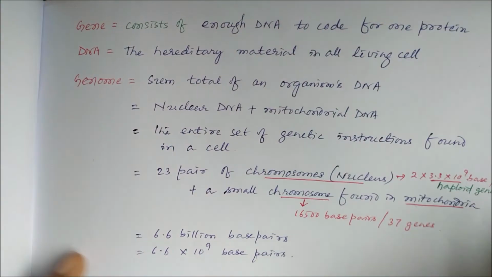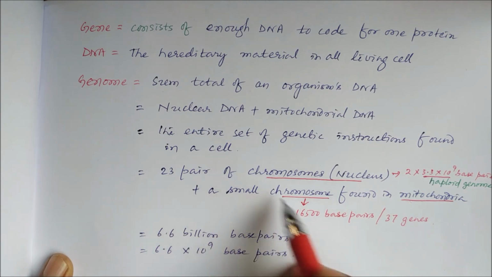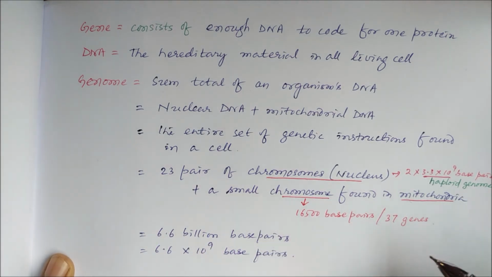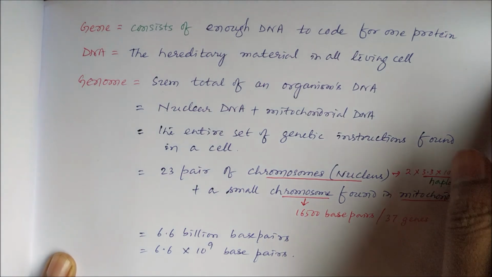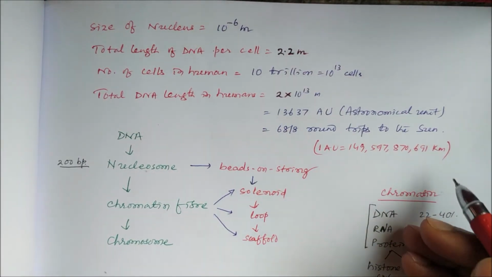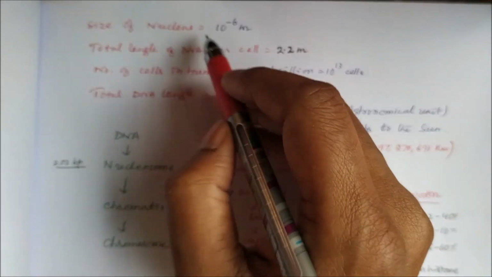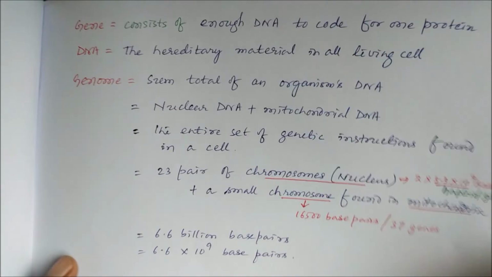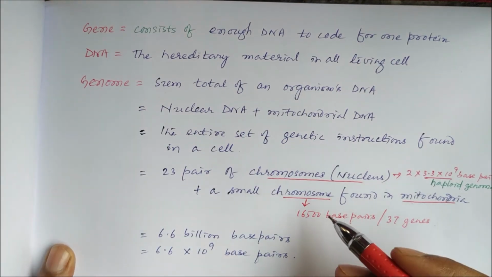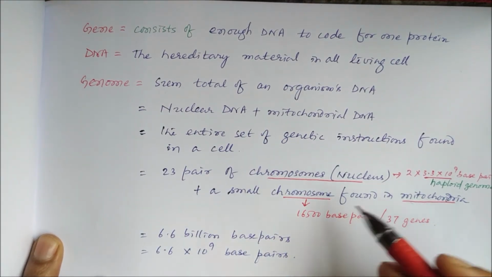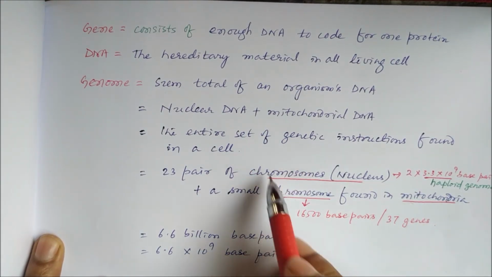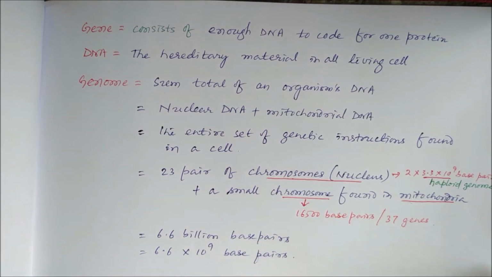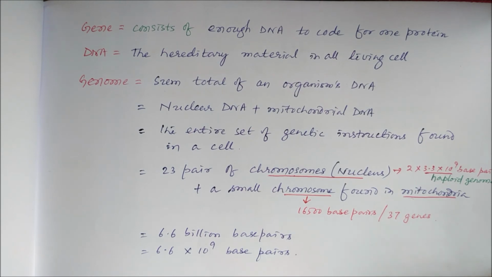And all these are inserted in the nucleus, which has only 10 to the power minus 6 meter size. This genome is inserted because of condensation, and the condensed form of this DNA is nothing but your chromosome. So this is the difference between gene, DNA and genome.